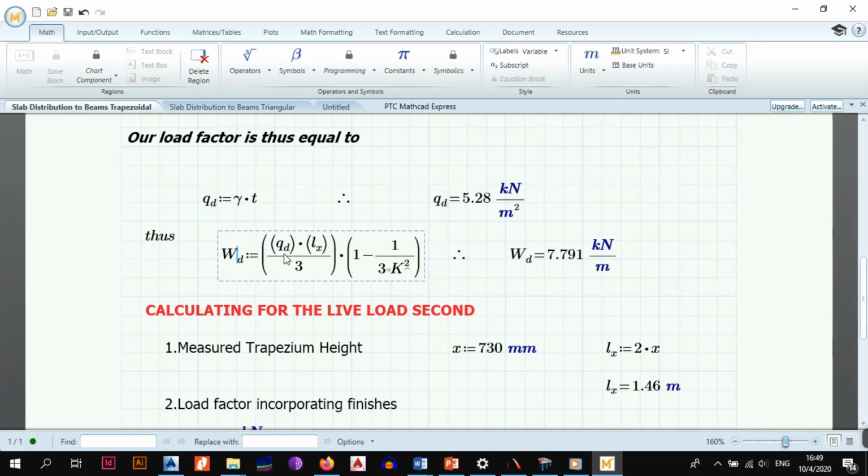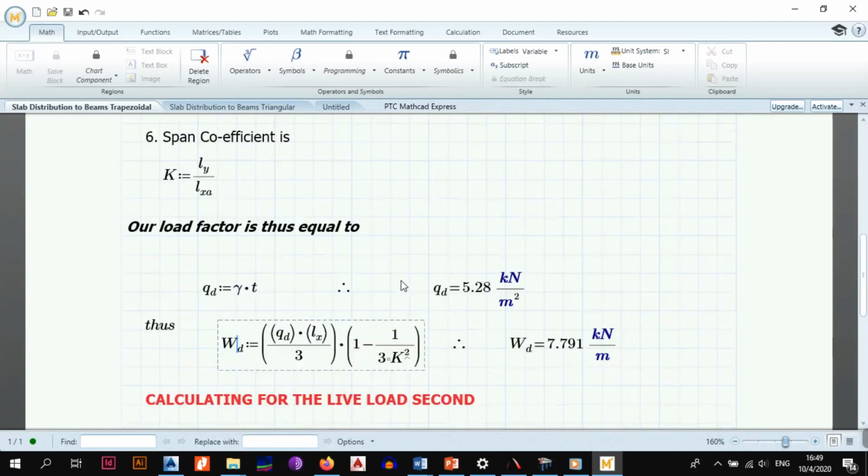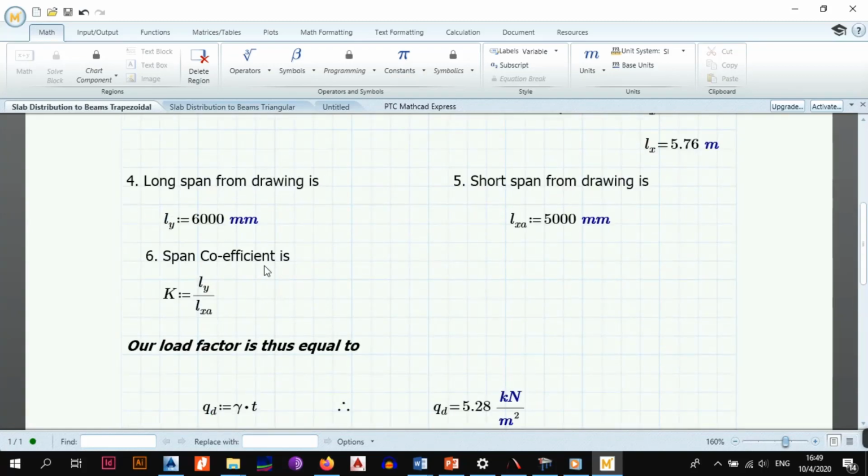Then you multiply all of that result by 1 subtract 1 over 3 multiplied by K squared, where K squared is called the span coefficient and is given by Ly over Lx, where Lx is the short span from the drawing, the short span from your slab.